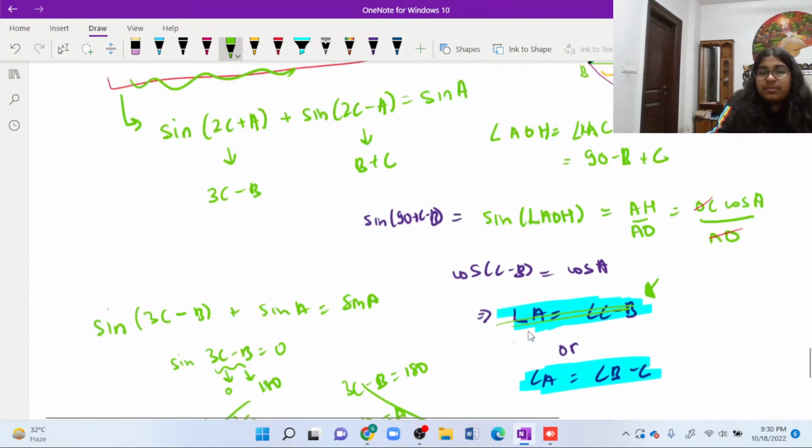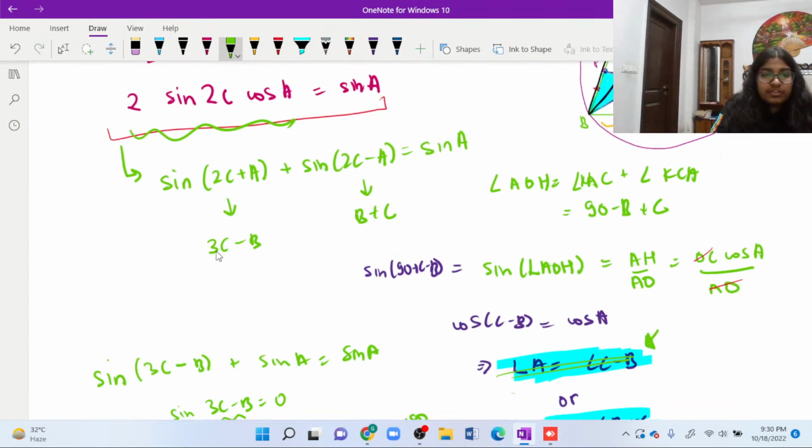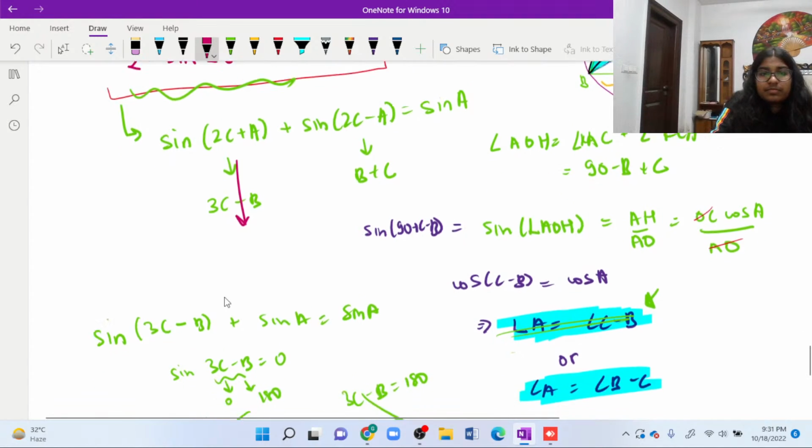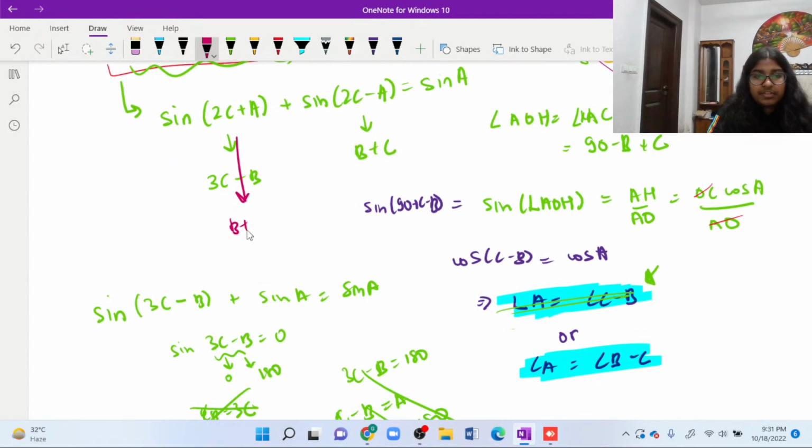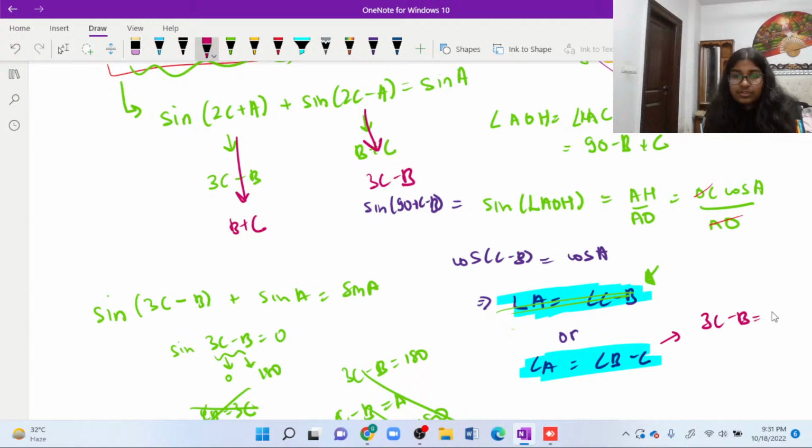So angle A equals B minus C. So in the second case, this is just B plus C, and this is just 3C minus B. And here 3C minus B equals 0 or 3C minus B equals 180.